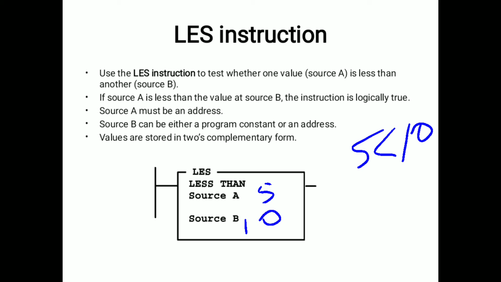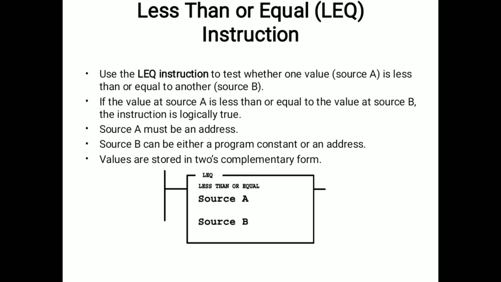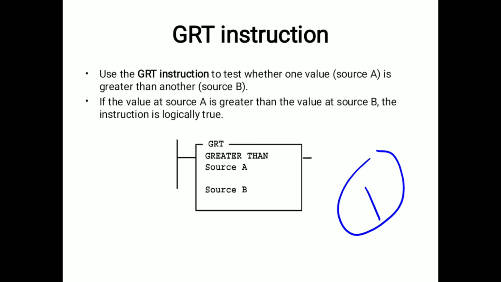If the condition is true, it will produce output 1, otherwise it will produce output 0. Similarly, we have less than or equal to. It tests whether the values from source A and source B are equal or A is less. If either condition holds, if it is equal or less than, then it will produce output 1.